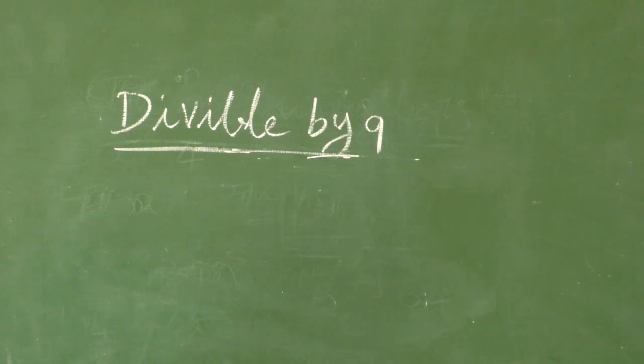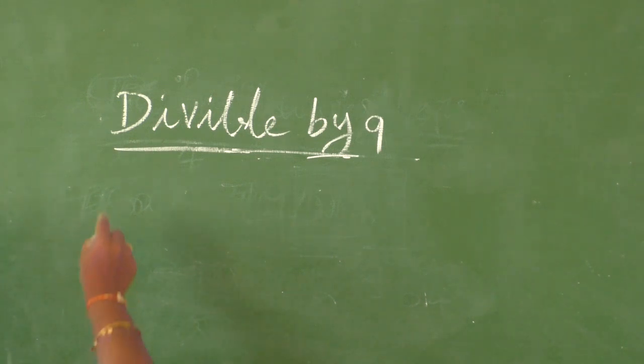Do you understand or not? What is the meaning of sum of the digits? Sum means you have to add all the places. If the sum of the digits is divisible by 9, that is the rule. Okay.